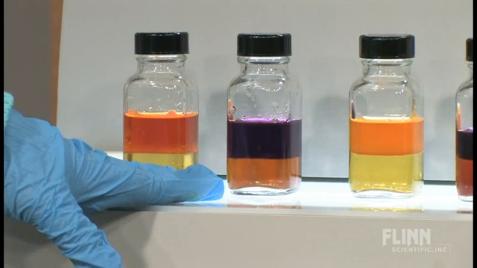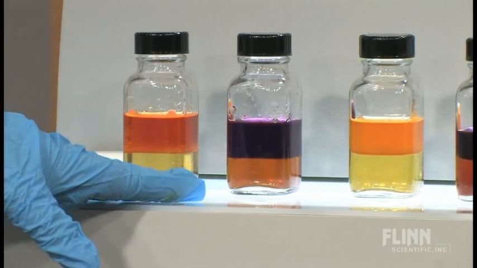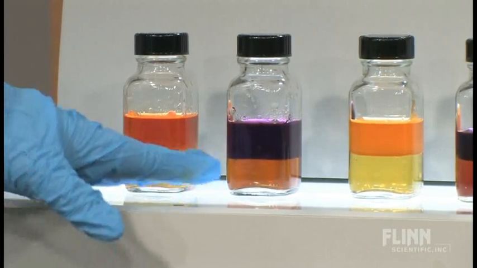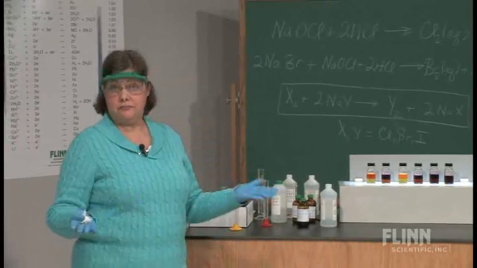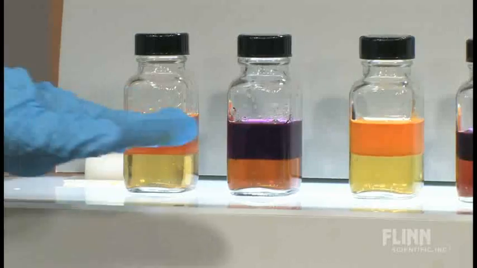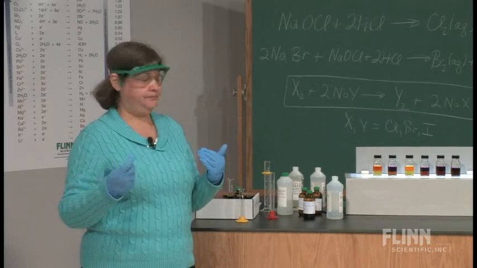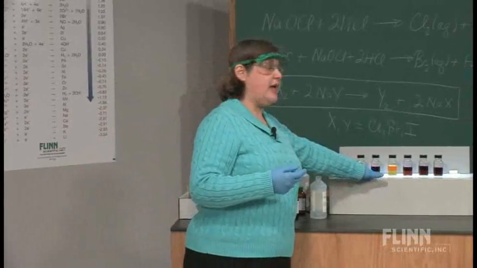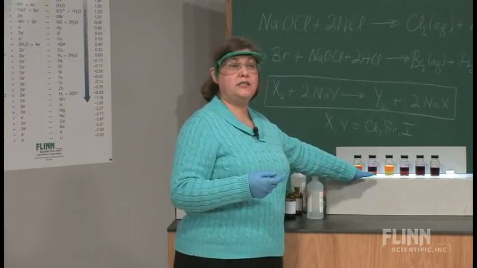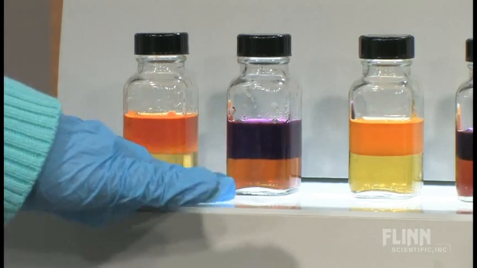Here we had, again, two colorless layers. We added the sodium iodide. What did we produce there? We got a purple color in the top layer, a dark brown color in the bottom layer. We obviously produced iodine.